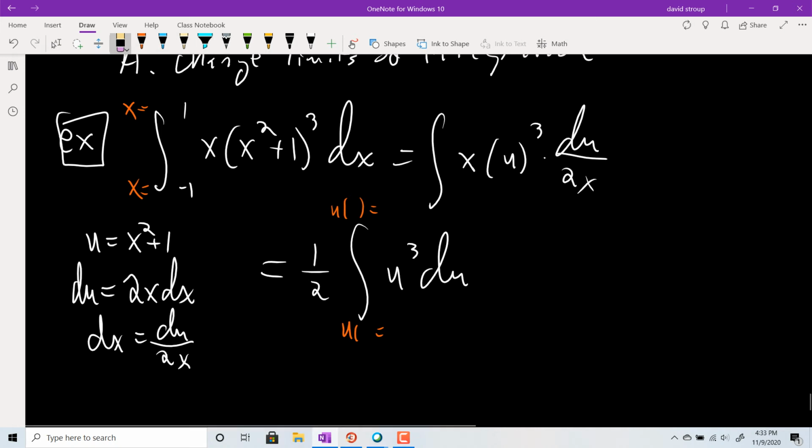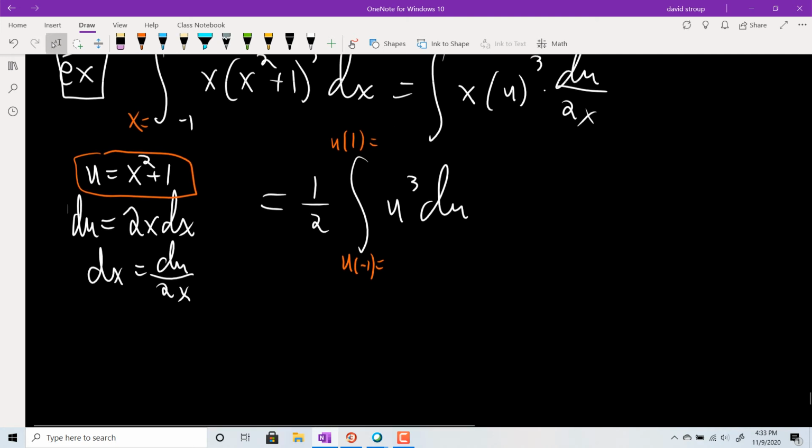So you're going to go from u of -1 to u of +1, and the u formula is sitting right here in red. So you need to figure out u of 1. If you plug 1 in, you get 1 squared plus 1, which is 2. And u of -1 is the same thing: 1 squared plus 1, which equals 2. So we're going from 2 to 2.